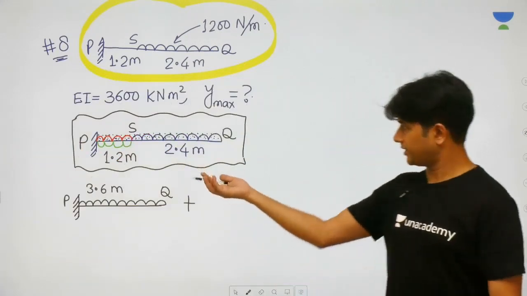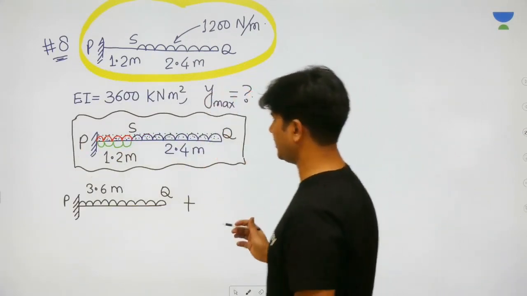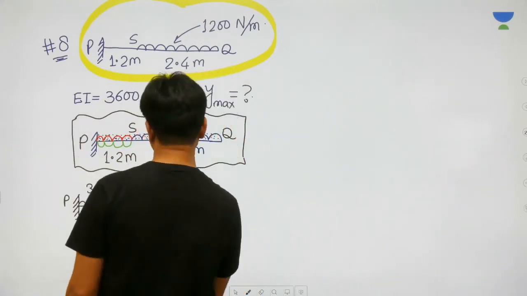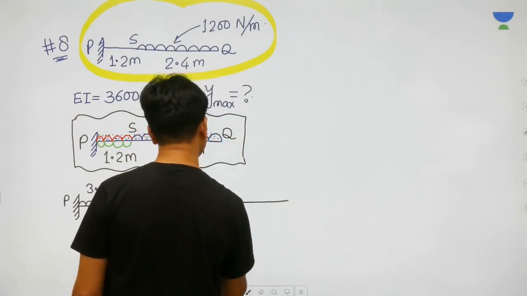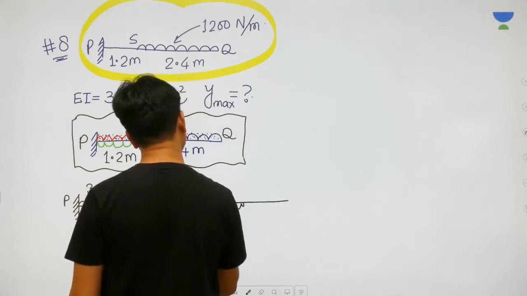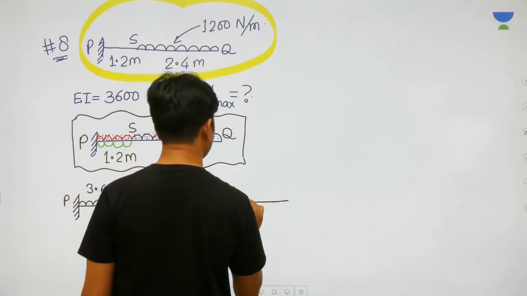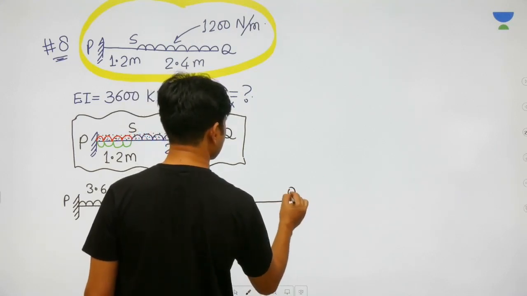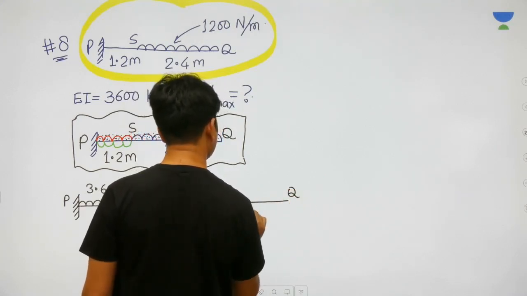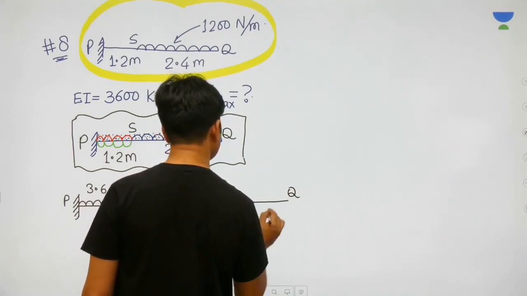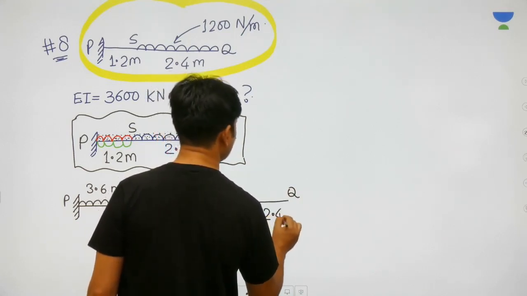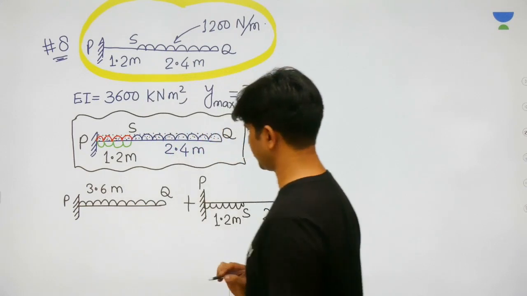And then you consider that green UDL that we have applied from the lower side. This is acting in 1.2 meter, and this is not available in remaining 2.4 meter length.